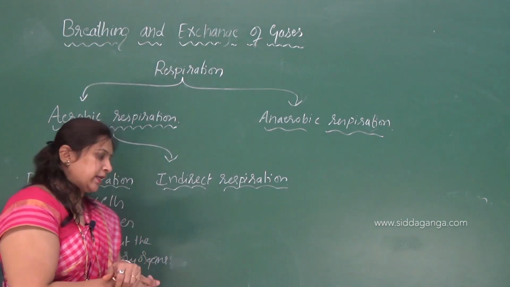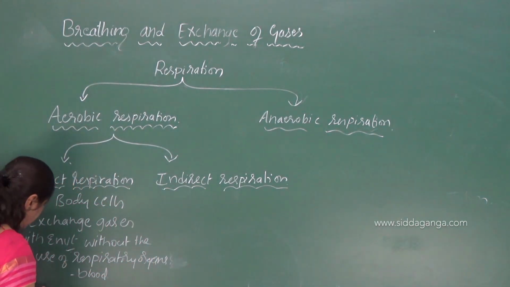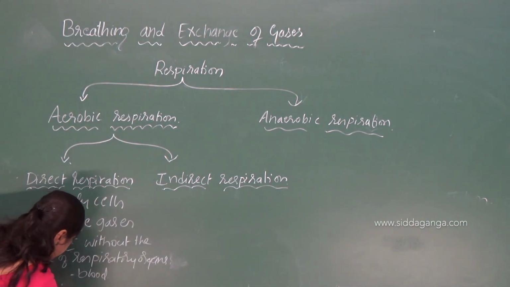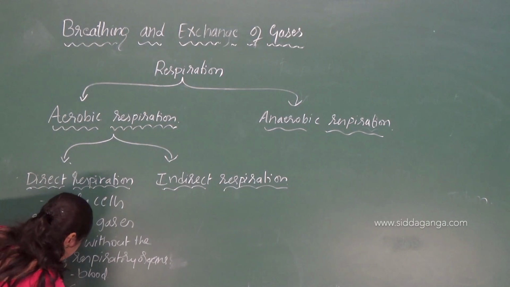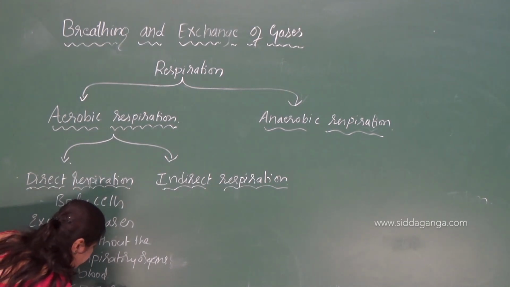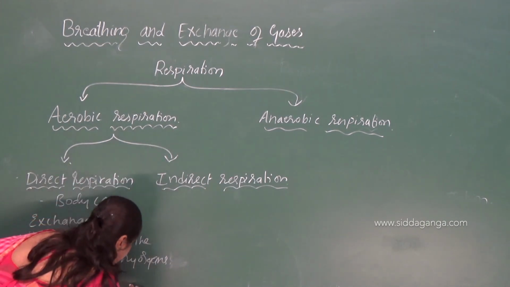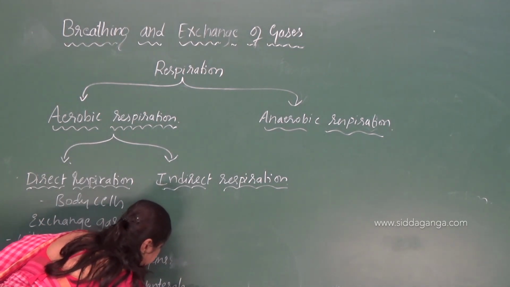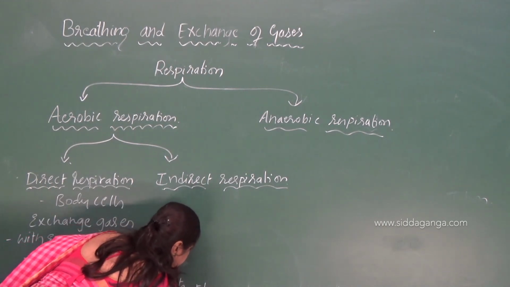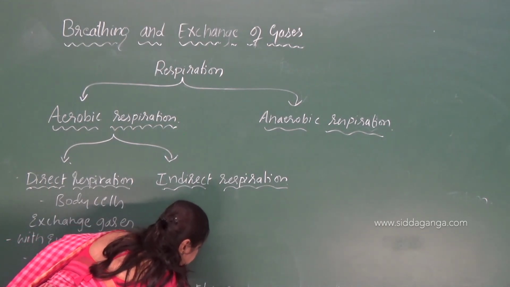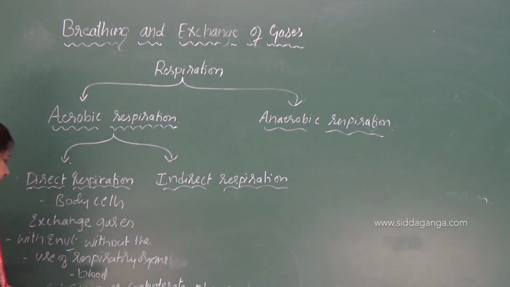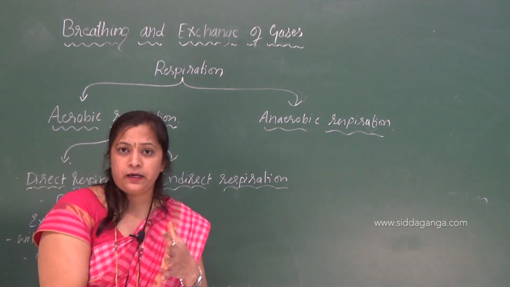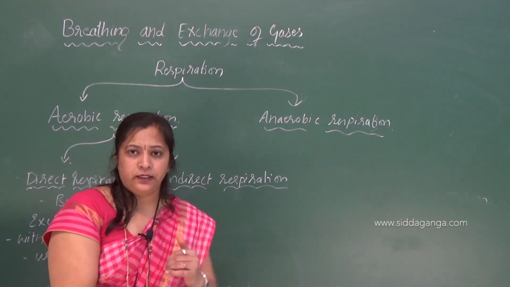In the case of lower organisms like sponges, coelenterates, flatworms, there are no specialized respiratory organs for the exchange of gases.